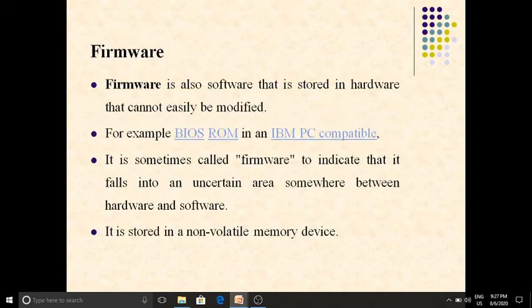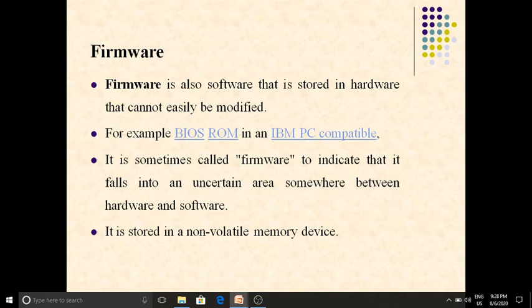Now we will discuss firmware in this slide. Firmware is also software that is stored in hardware and cannot easily be modified. For example, the BIOS ROM in an IBM PC compatible is sometimes called firmware to indicate that it falls into an uncertain area between hardware and software.